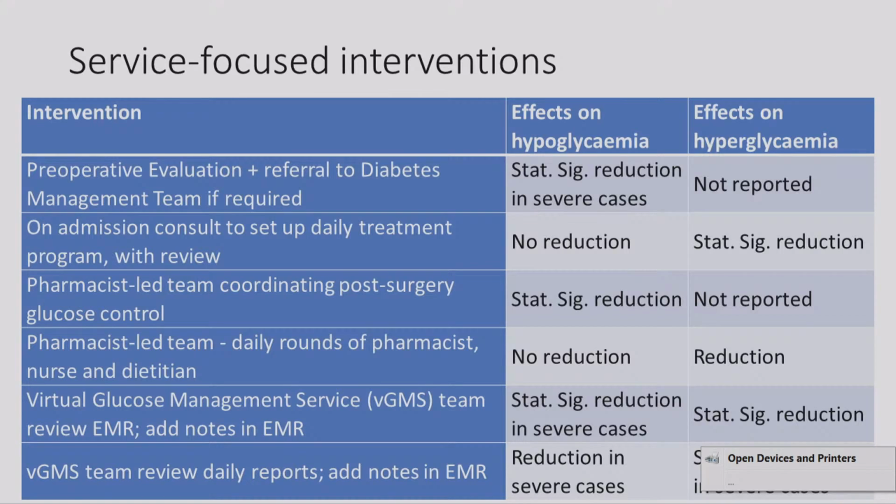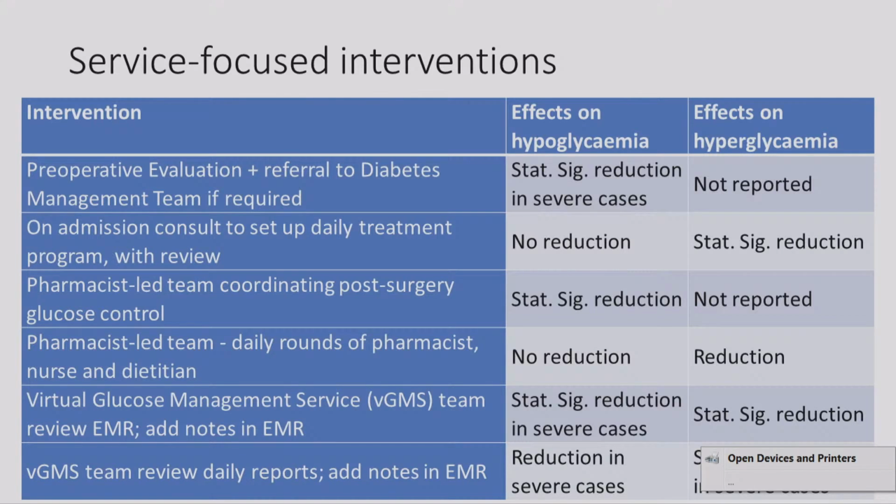The one at the top focuses on preoperative evaluation and referral preoperatively to a diabetes management team. You've got an on-admission intervention, so as soon as patients are admitted, they have a consult. Then you've got a couple of pharmacist-led teams, the first one coordinating post-surgery glucose control, the other one more general.